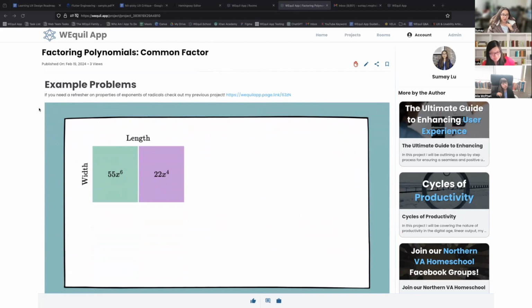So in this example, we have these 2 boxes, and this monomial, as already discussed, is representing the area of each box. From there, we can derive the length and the width, essentially factoring the polynomial represented here.